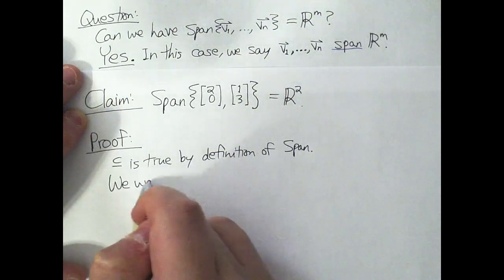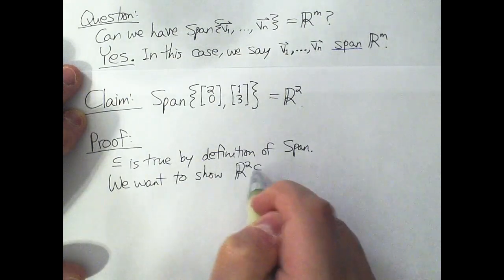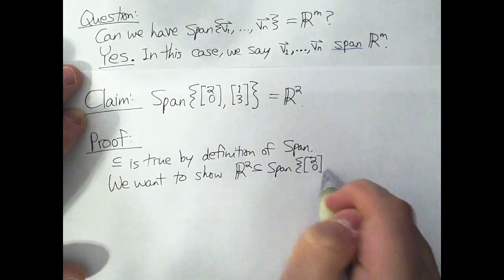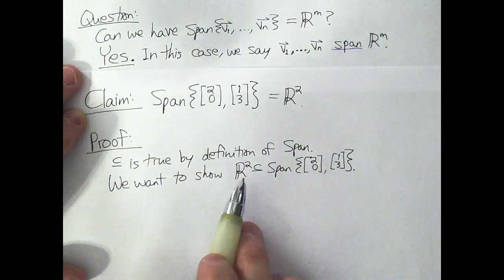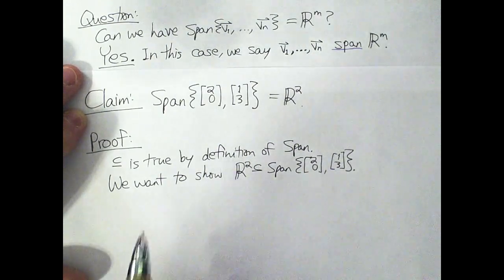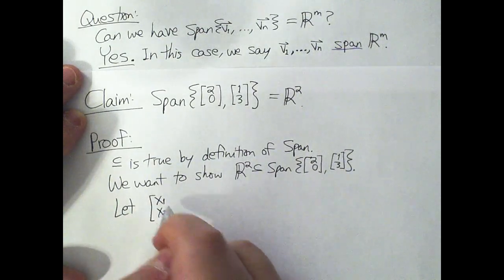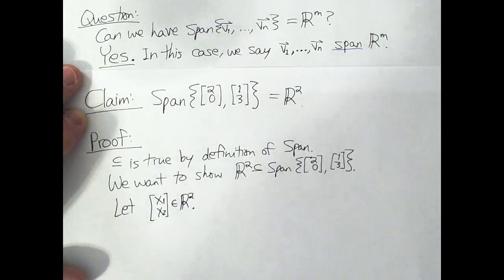We want to show the other direction, and that's the more interesting one. We want to show that R2 is a subset of this. How do you show that R2 is a subset of this? Well, pick an arbitrary element of R2. So let's pick an arbitrary vector of two entries. I'm going to call it x1, x2. It lives in R2. I want to show that this is in the span of those two vectors.